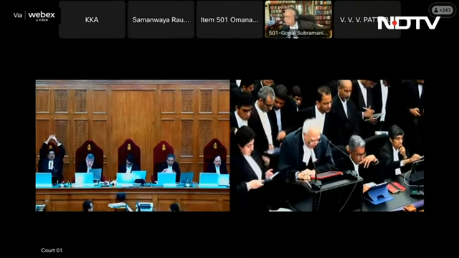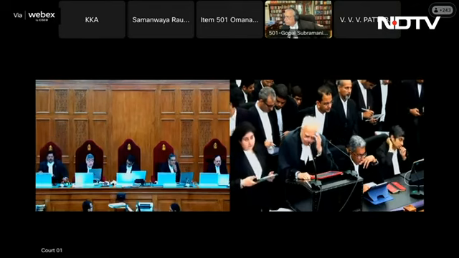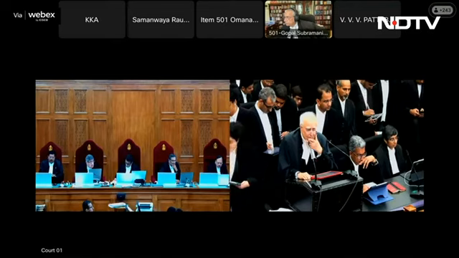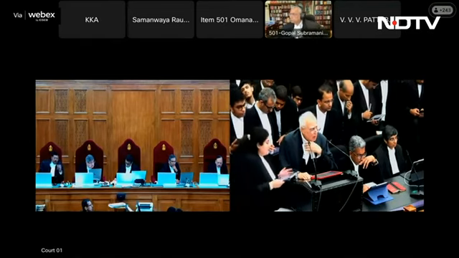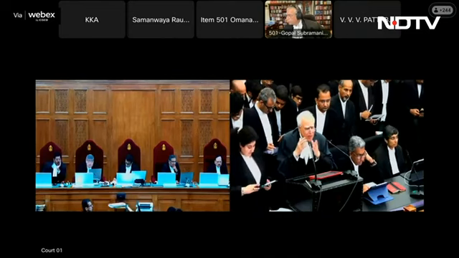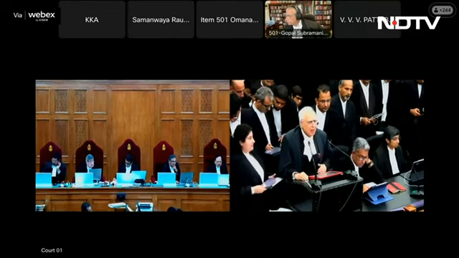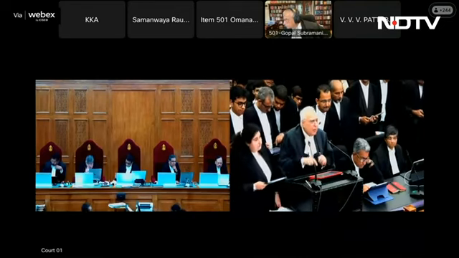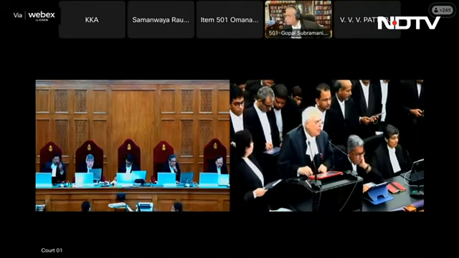That's the proclamation. So when all states were integrated into the union, that means you didn't need any consent. But since Jammu and Kashmir was not integrated, therefore the second proviso was provided.